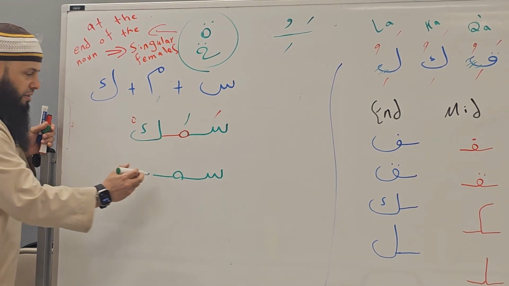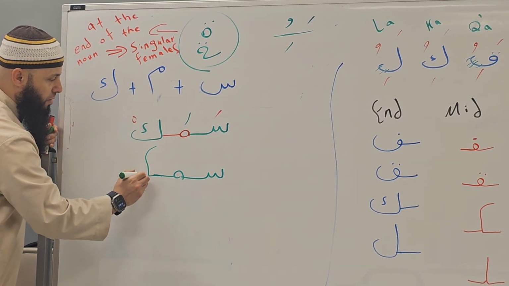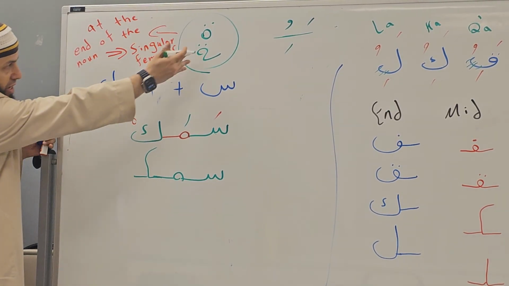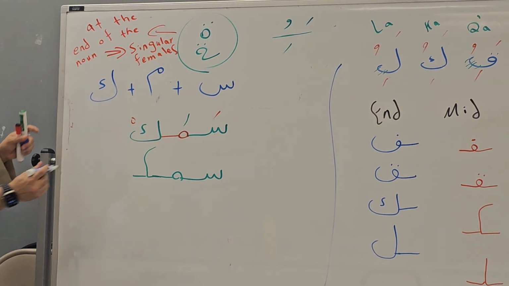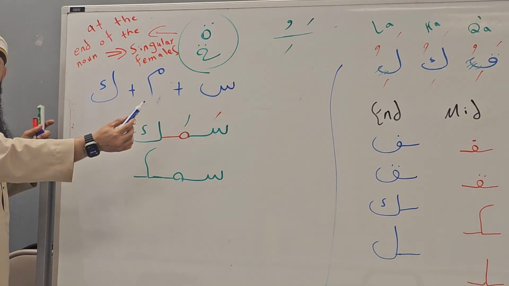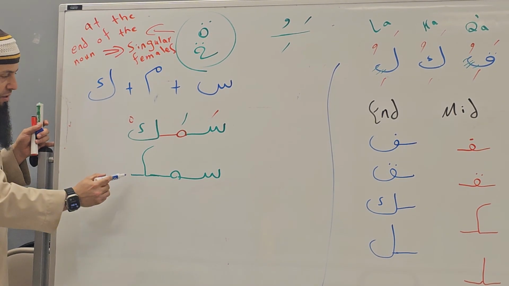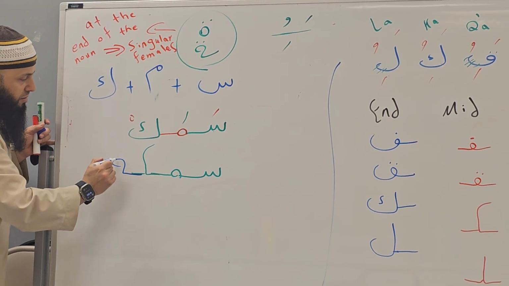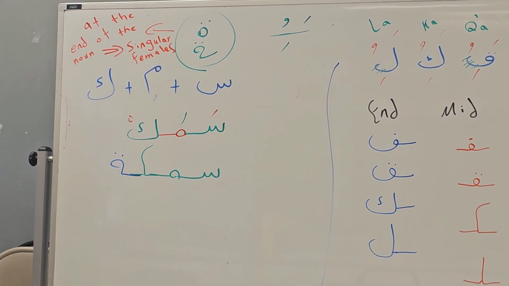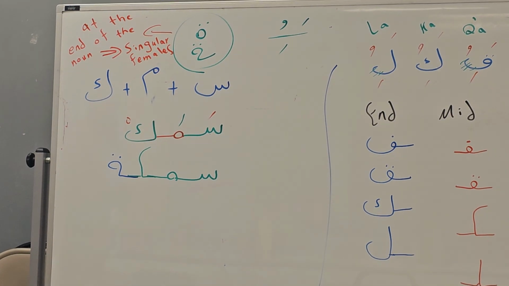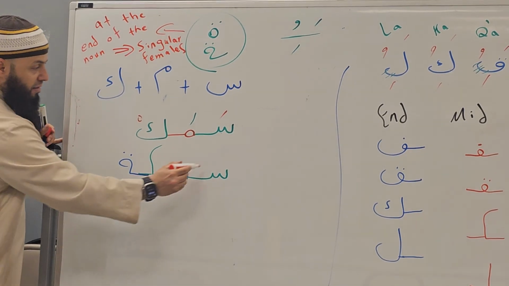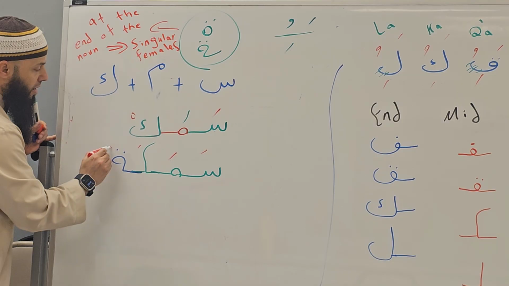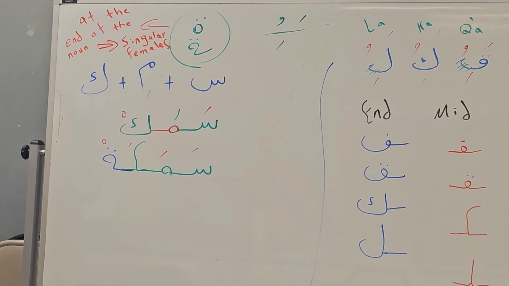So it's going to look like this. And then at the end, it should have an arm, right? Because to connect. So it will look like this. So that's sama, samaka. So that's sa, ma, ka. And then sukun at the end.